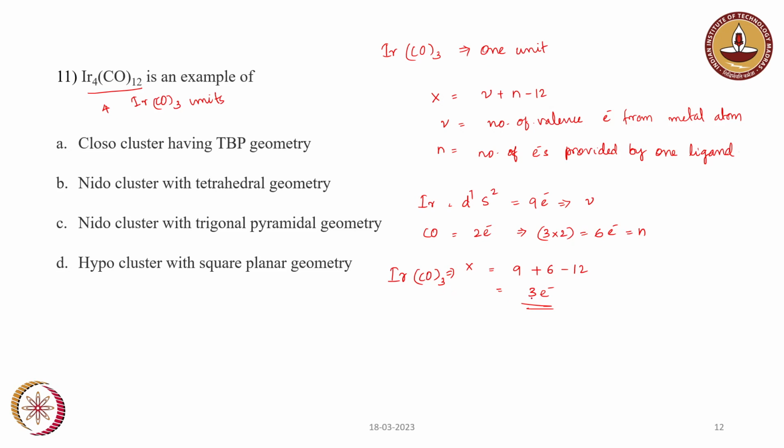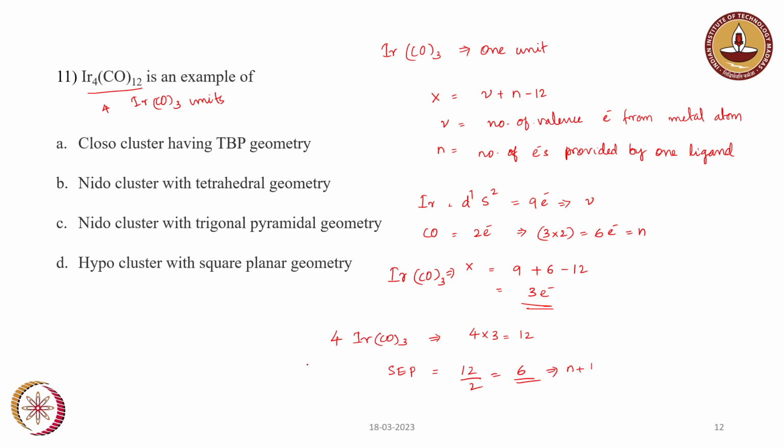So we have 4 units of Ir(CO)3. That means 4 into 3, that is 12. So skeletal electron pairs will be 12 by 2, which is 6, which implies n plus 1.